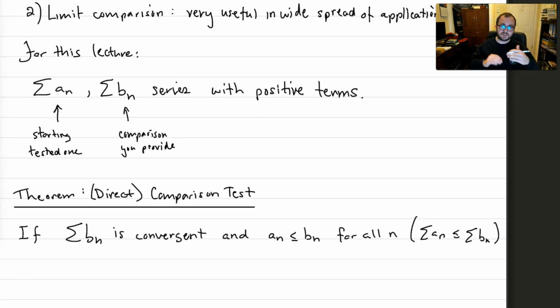So if I have a series which is convergent and I have a series that's sitting below it, it has to be convergent as well. It can't go up to infinity because it will hit that convergent series that is sitting above it. So if I have a convergent series and my testing one is underneath it, then AN is also convergent.